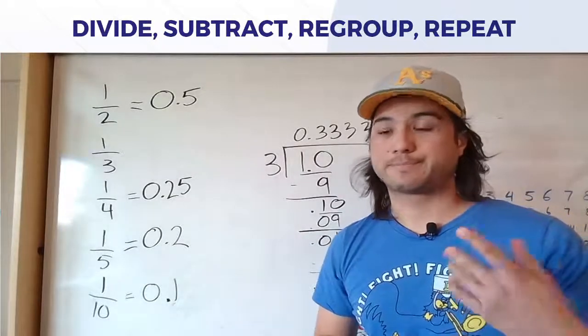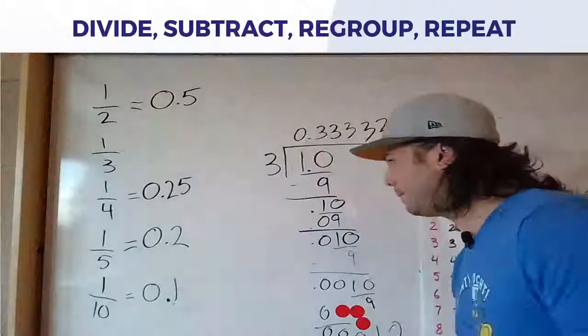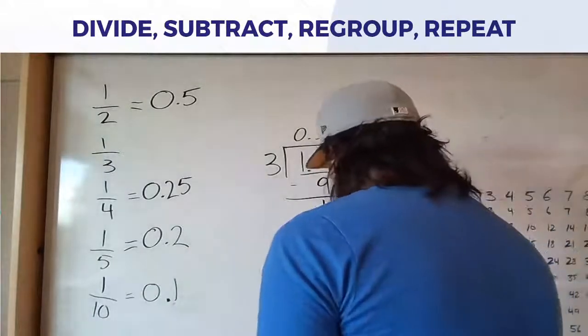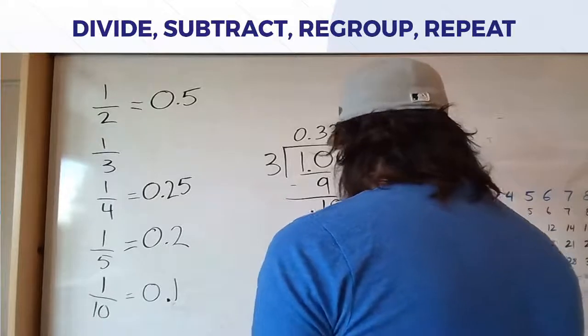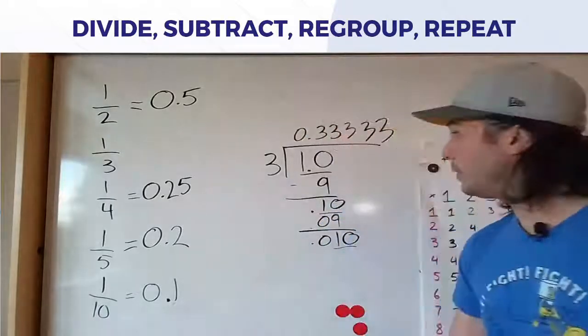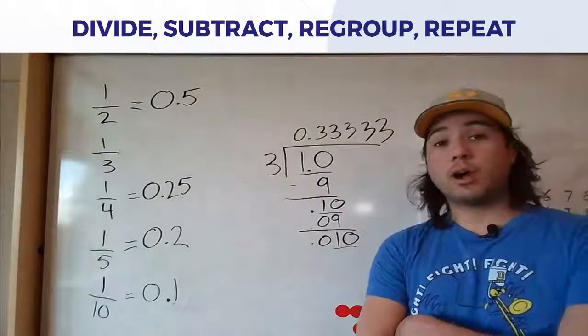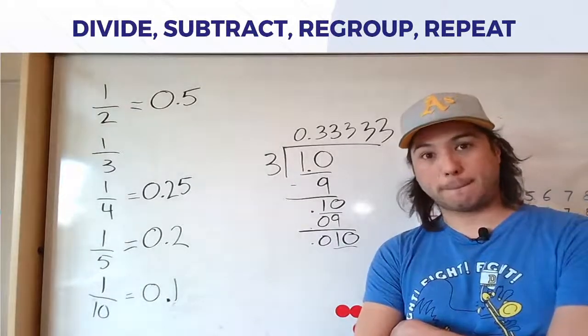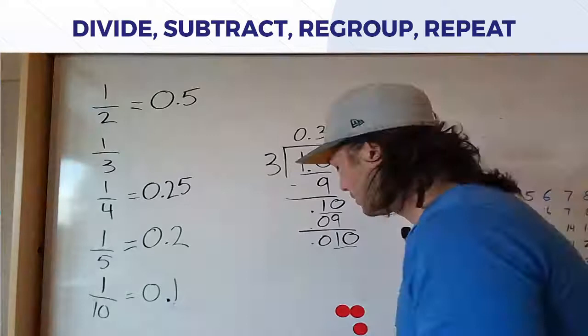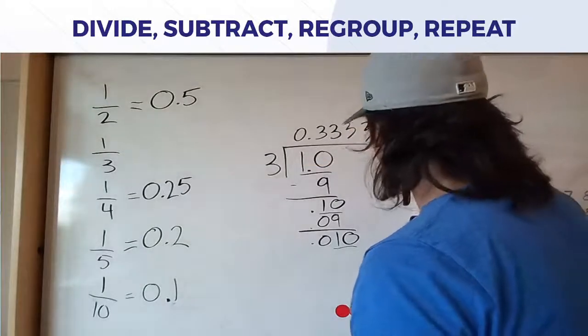Never fear. There is a mathematical trick, because this does happen. This is called a repeating decimal, or a repeating digit, where these 3's will go on forever and ever, infinitely. There's a couple ways you can show this.